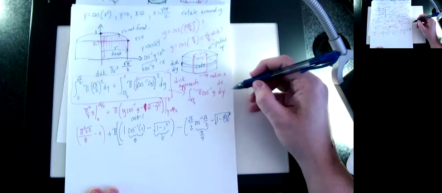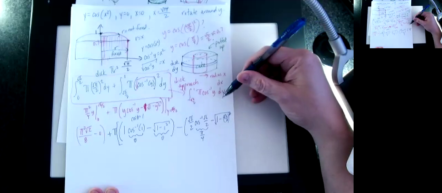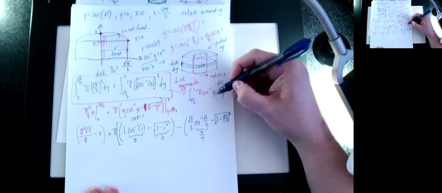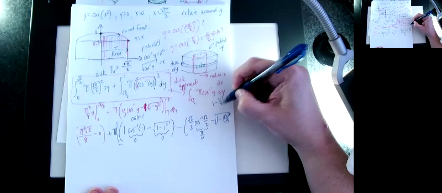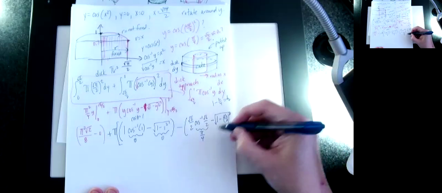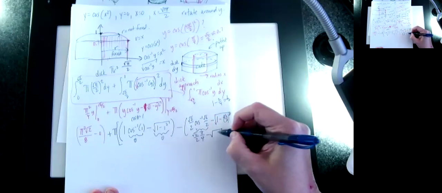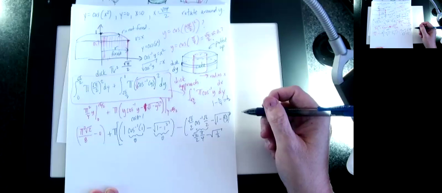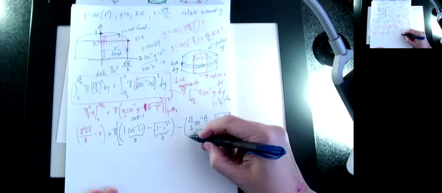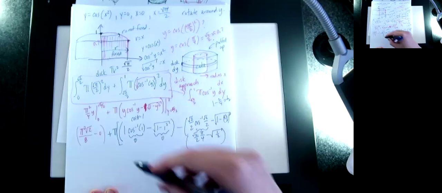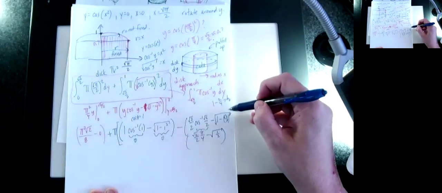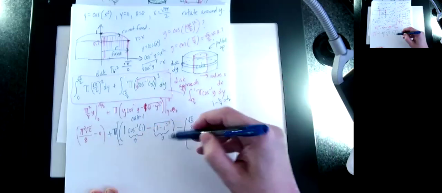Which is like 1 minus 2 over 4. Which is 1/2. So I got this minus square root of 1/2. And this was all 0 here. So I'll just put the pi over it.